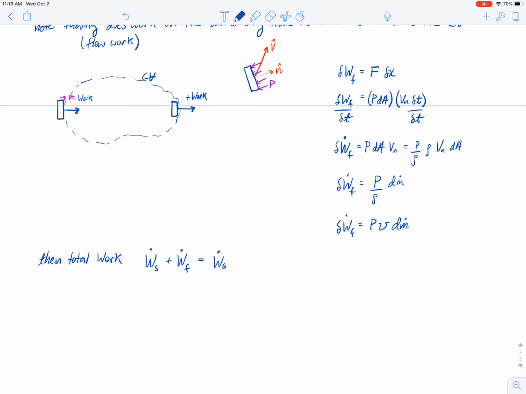And I've just said I can write that as the sum or the integral of pressure times specific volume with respect to mass flow rate of everything entering, which I define as negative, and the mass flow rate integral of the pressure times the specific volume of what's leaving, out.